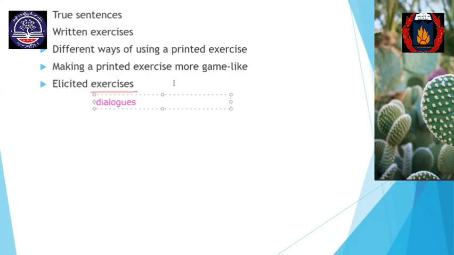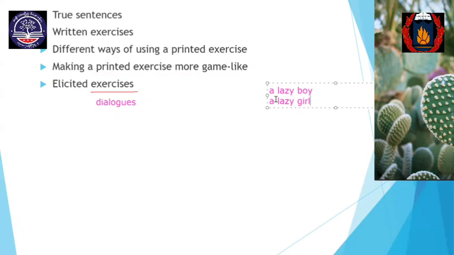In an elicited dialogue, how can we teach? First, we create a context for the children. To create the context, we first say who the characters are. For example, lazy boys and lazy girls. There are a lazy boy and a lazy girl. So we introduce the characters at first.